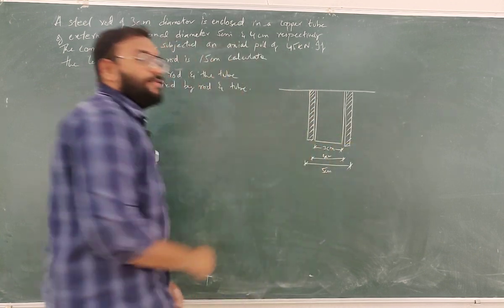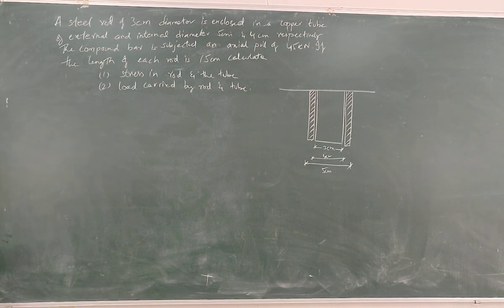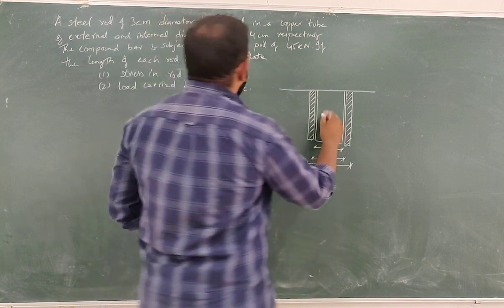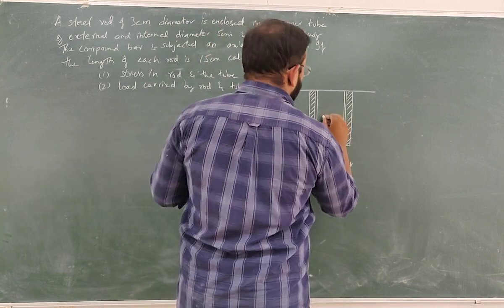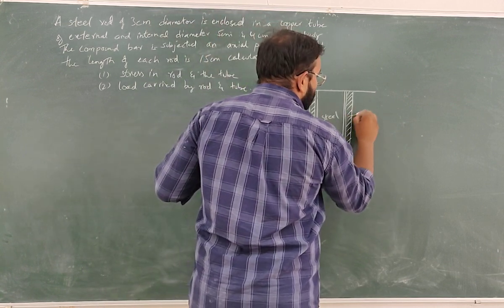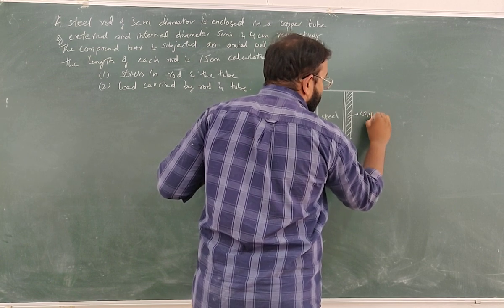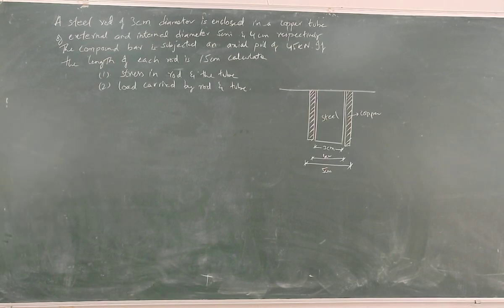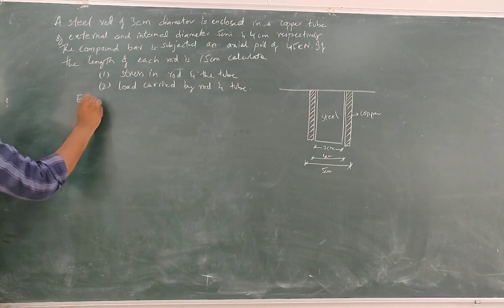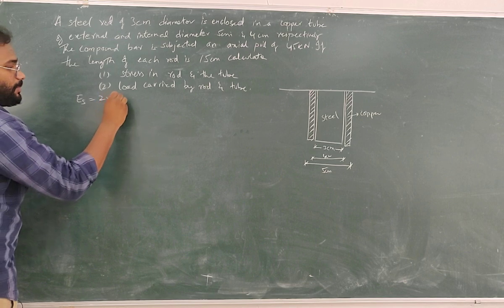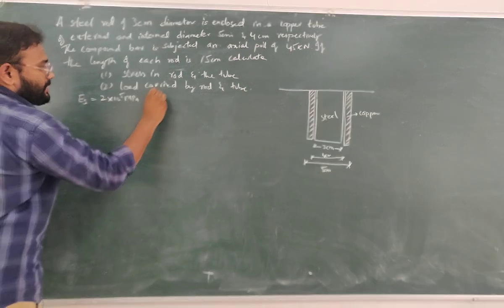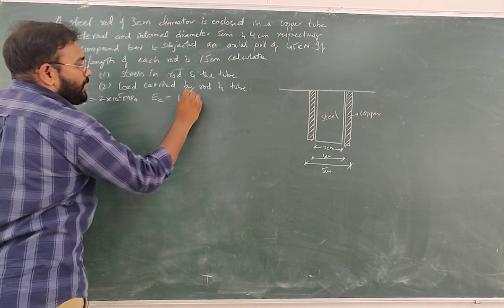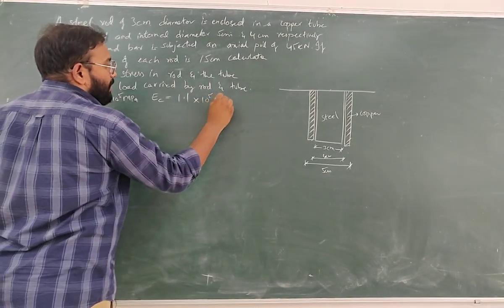There is a gap of 0.5 centimeter on either side of this tube on this rod. This is a steel rod and this is a copper tube. Young's modulus of steel, ES, is taken as 2 into 10 power 5 megapascal, and E for copper is given as 1.1 into 10 power 5 megapascal.